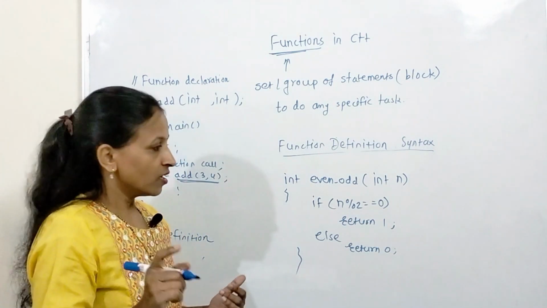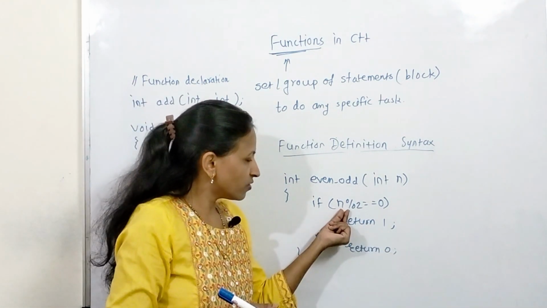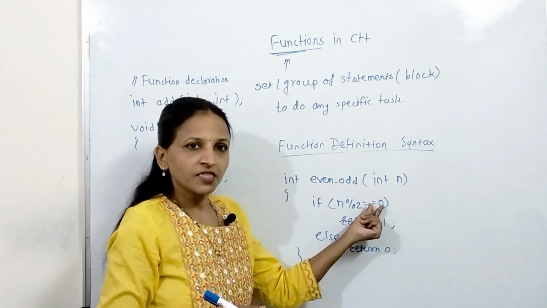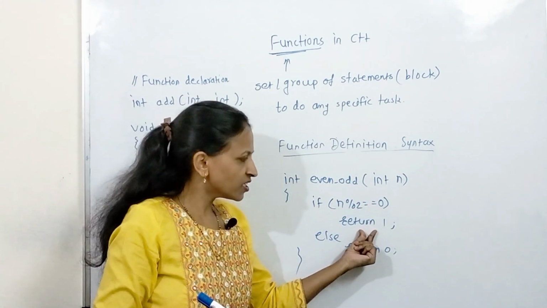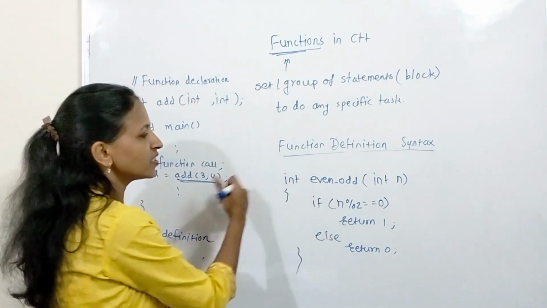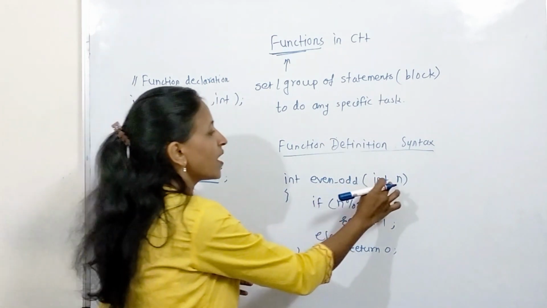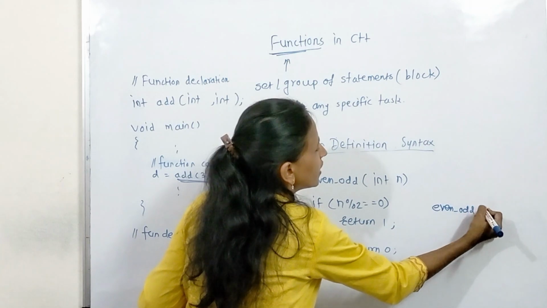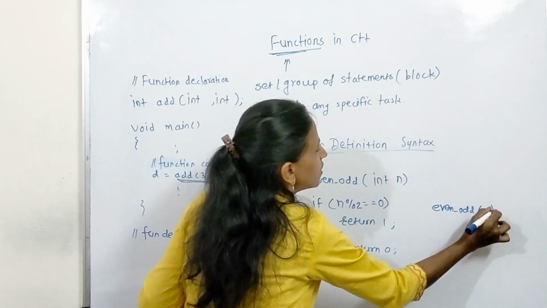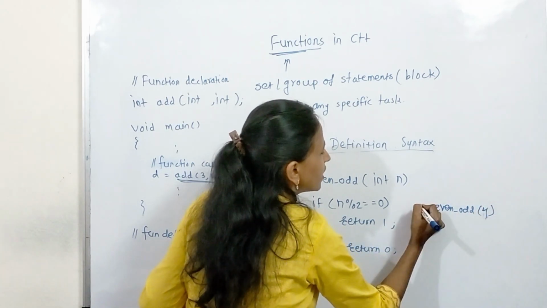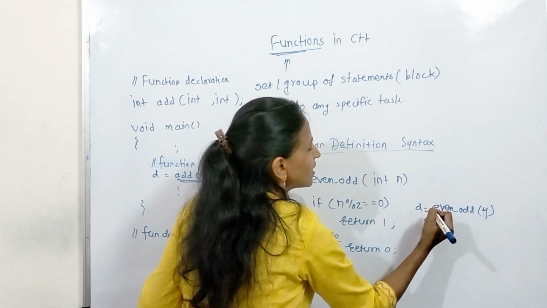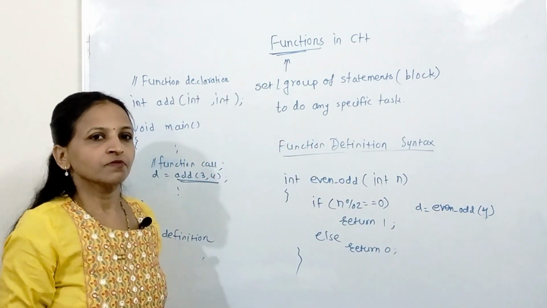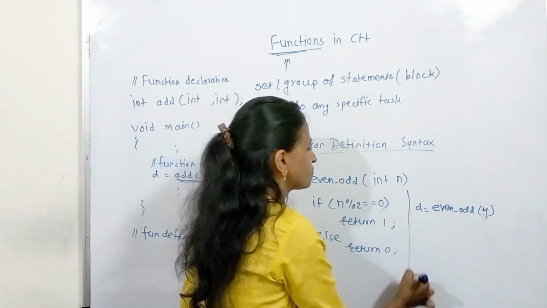Getting? Now here it will check whether that number is divisible by 2. If it is true, then it will return one value. Let's say we have passed the argument here like evenodd of 4, and I store the result in one variable d in main.